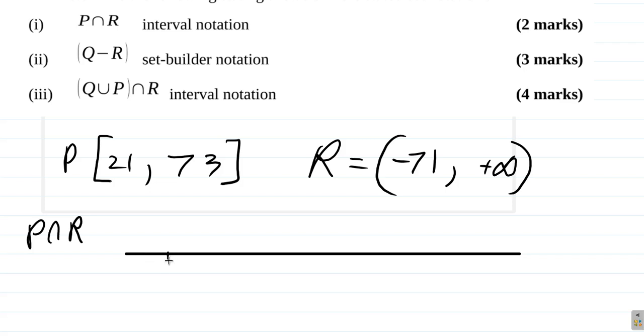Say this is -71 going up and up. Let's say 0 is here and we go up. We have a 21 here, we go up to, we have a 73 here. Okay, so we cover the numbers -71, we go up to 21, we go up to 73.